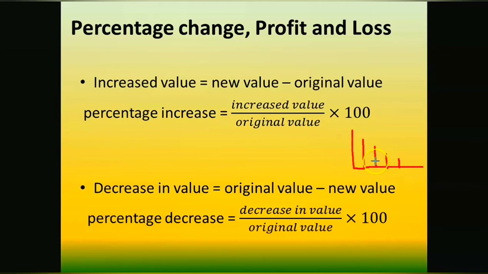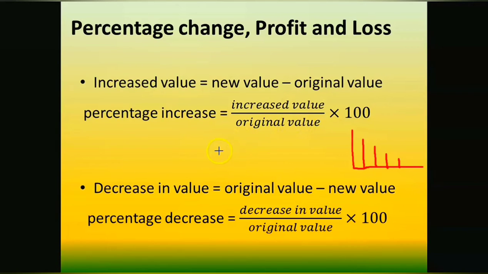For this you can easily apply this second formula, that is decrease in the value divided by the original value multiplied by 100. Let's go through these two formulas. Increased value is equal to new value minus the original value, and percentage increase is given by that increased value divided by original value multiplied by 100.